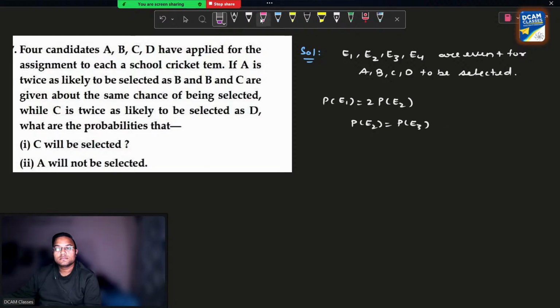C is twice as likely to be selected as D. So P of E3 is equal to twice of P of E4. This is how we are going to write it.